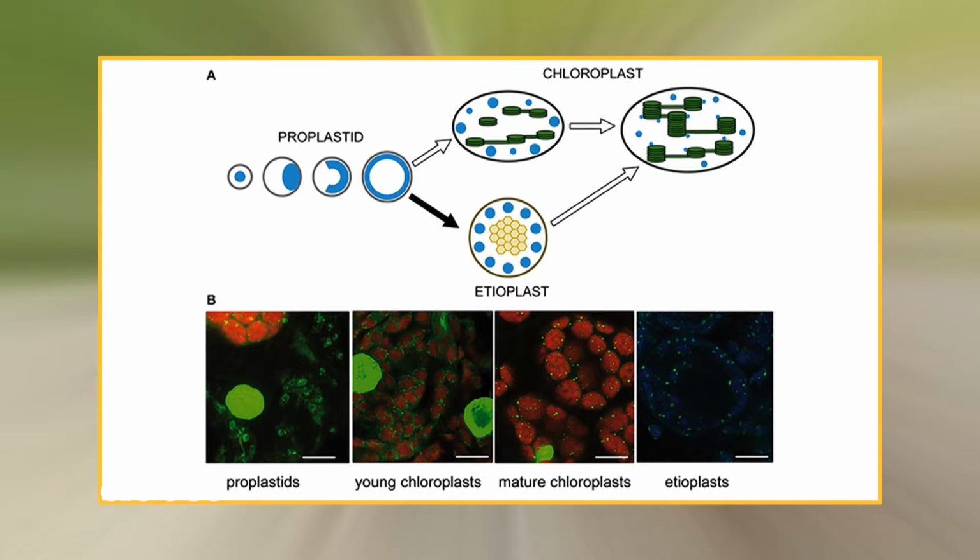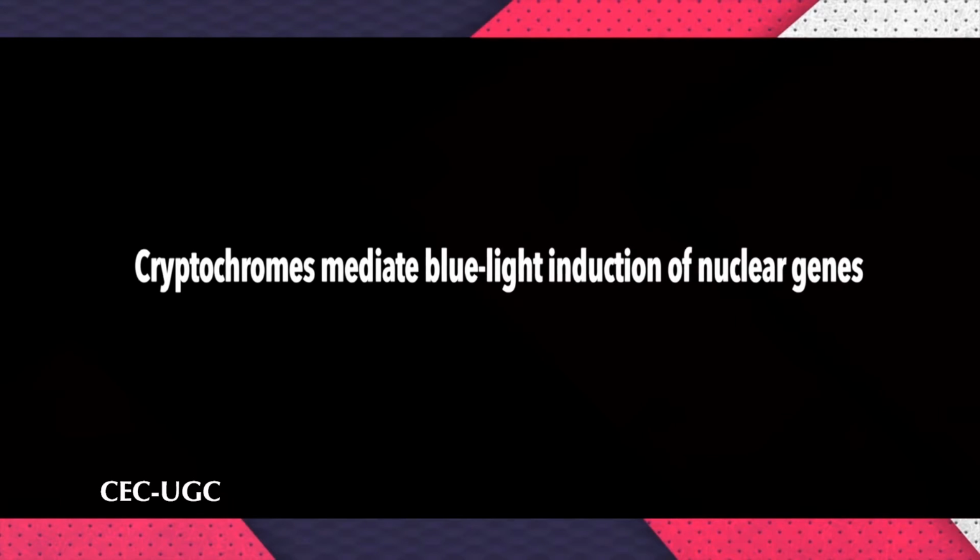The major mechanism behind chloroplast development during de-etiolation is the change in gene expression in both nuclear and plastid genomes. Cryptochromes mediate blue light induction of nuclear genes. These genes encode proteins which are essential for photosynthesis and other functions of plastids.